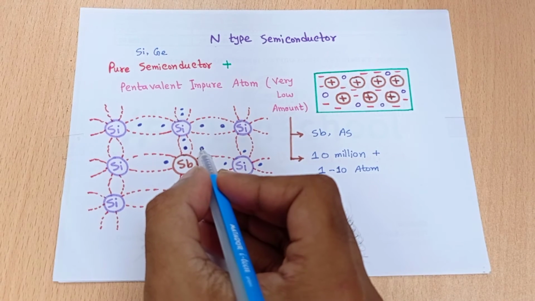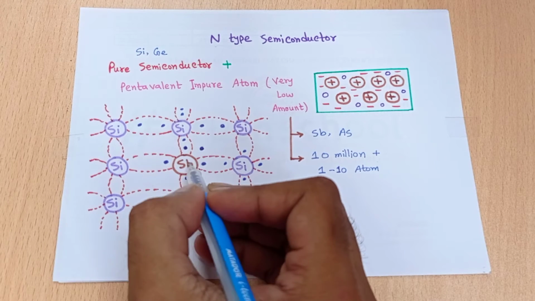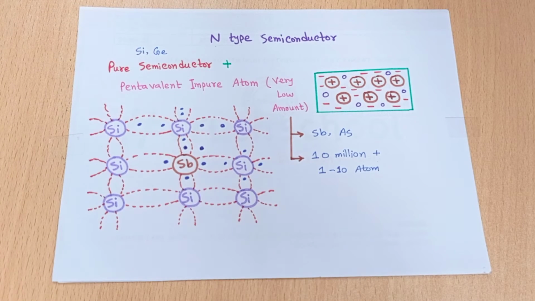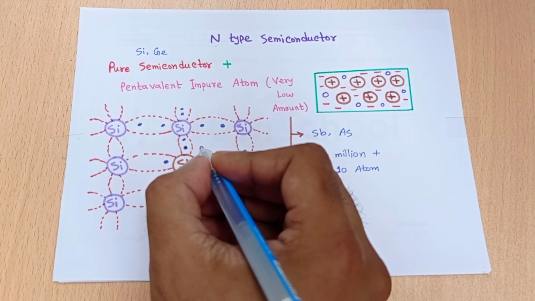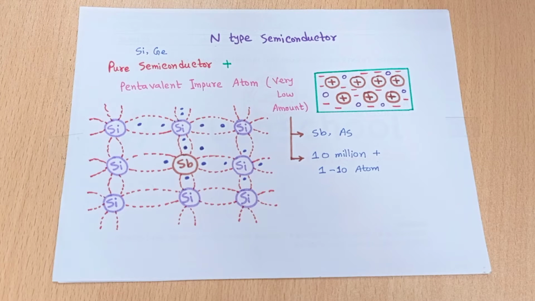This is the 5th electron, and it comes from the antimony atom. This free electron cannot make any covalent bond or share itself with another silicon atom. So in n-type semiconductor, we have created an extra free electron.